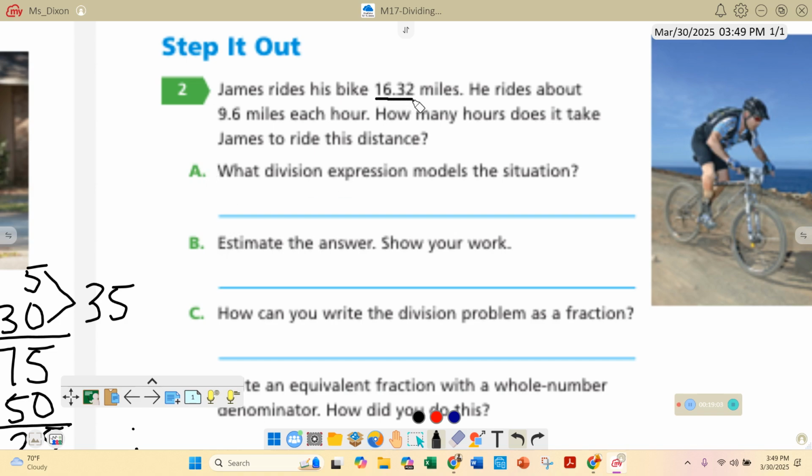That's right. He rode 16 and 32 hundredths miles. How did he split up the 16 and 32 hundredths miles into 9 and 6/10 miles? So we would divide it by 9 and 6/10.